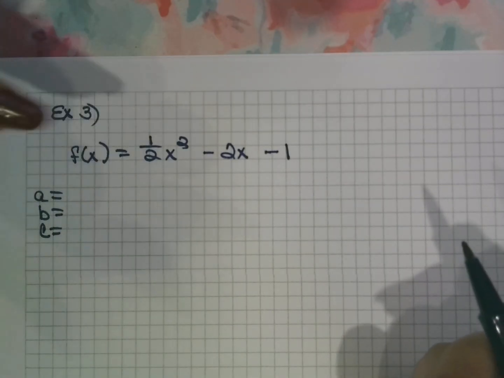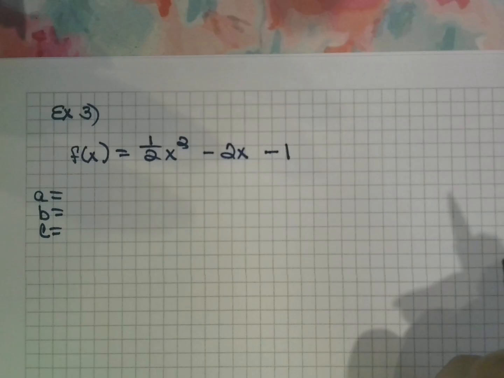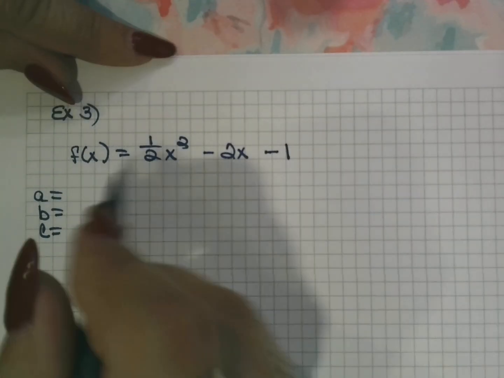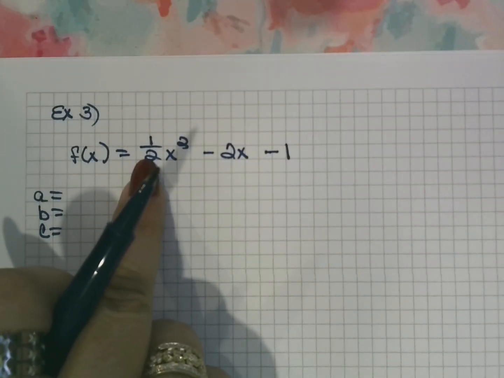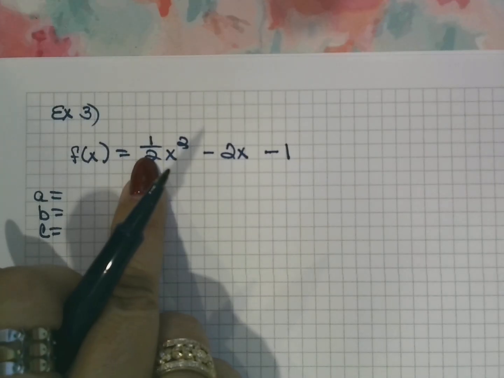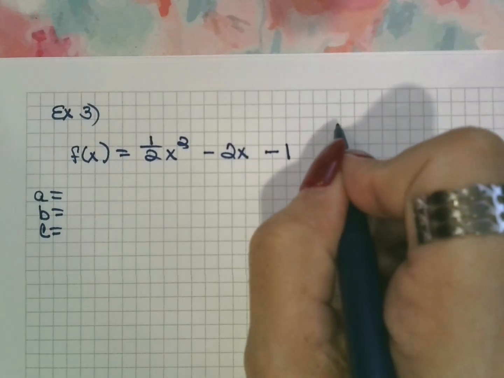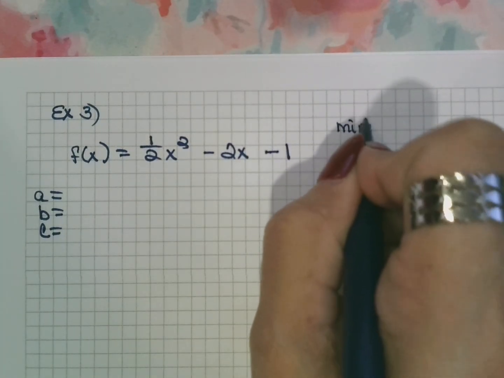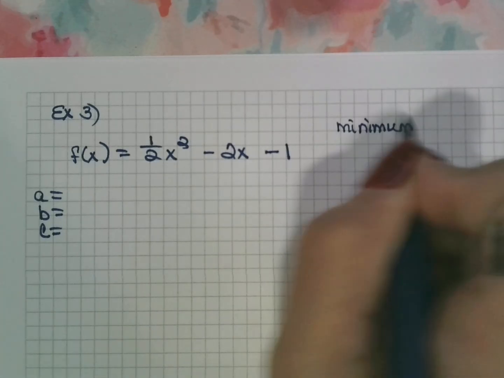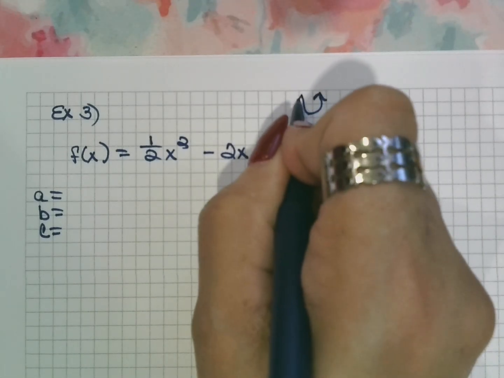We can tell right away if the vertex is going to be a minimum or a maximum. If the a value is positive, you're going to have a minimum. So this is positive, so we know for a fact this is going to be a minimum, because if it's positive, it's got to do that.